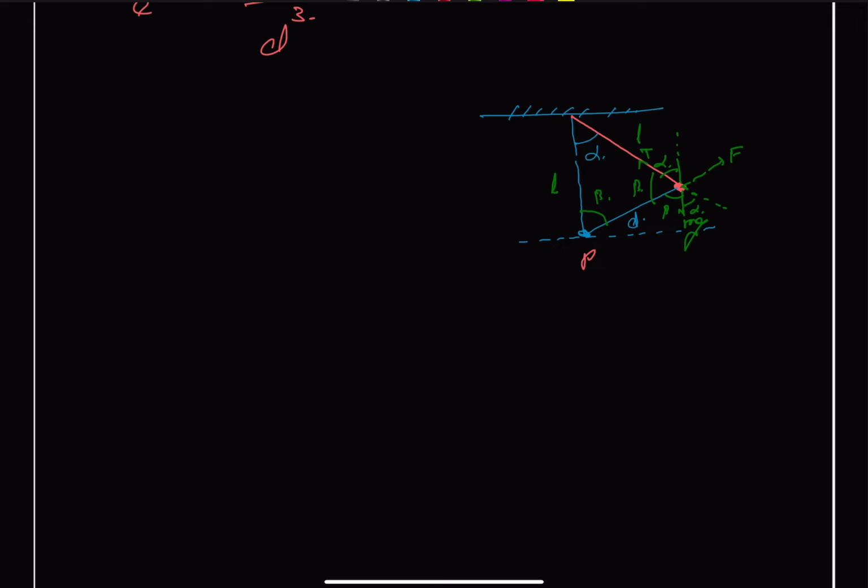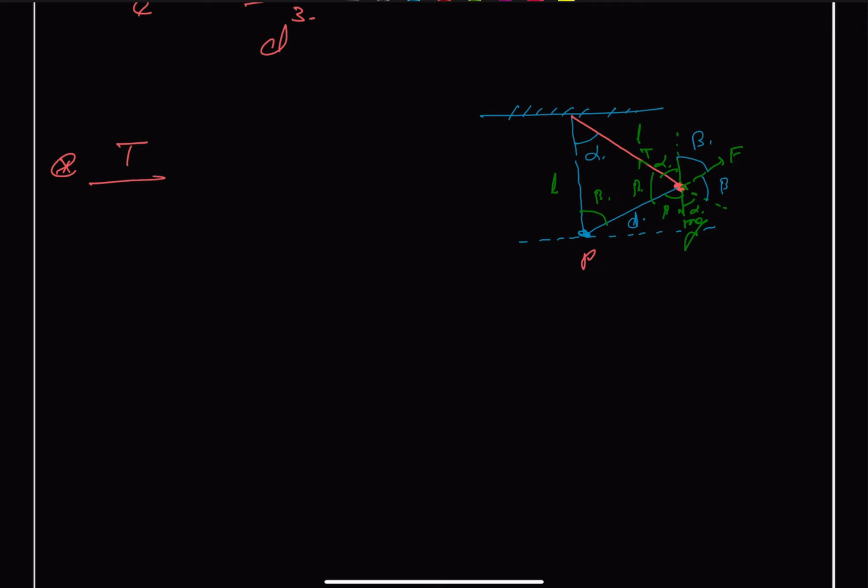Okay. And similarly for the other side also, vertical opposite angle, so this is our beta, and this is also beta. Because we are going to use Lami's theorem in order to find out the relationship between all the forces.